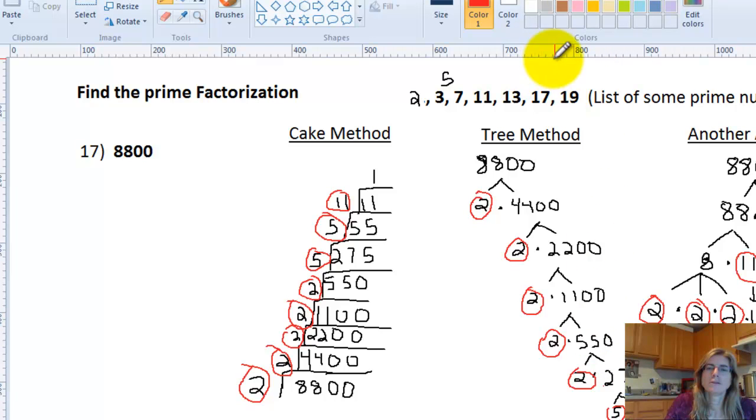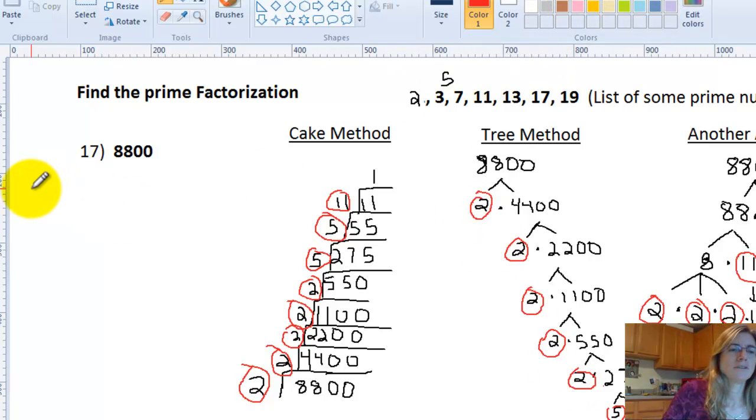So then we keep going, 55 is not prime, so we have to break 55 down into 5 times 11. So now we finally have all prime numbers. Just like this one, we all came out with the same answers.